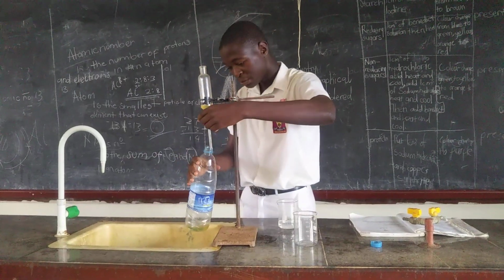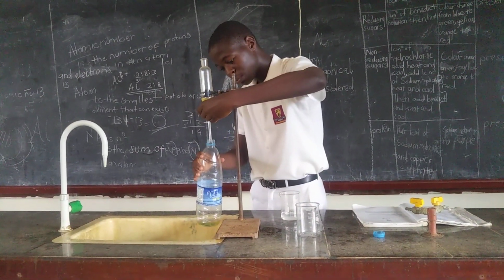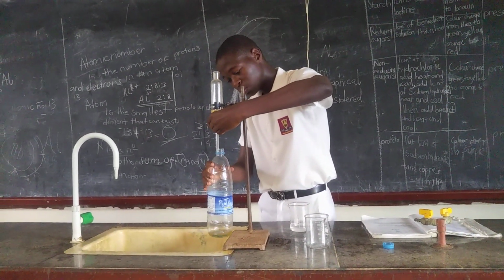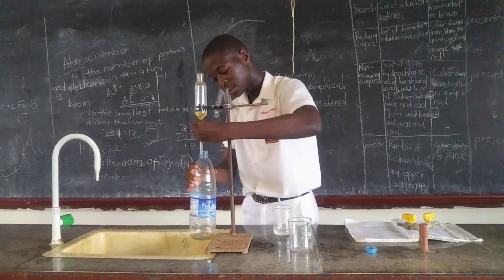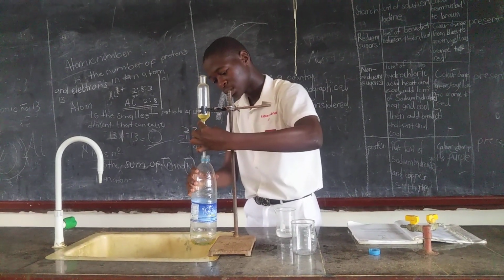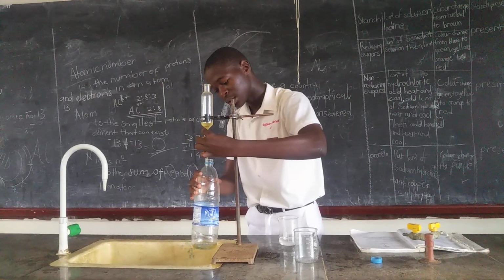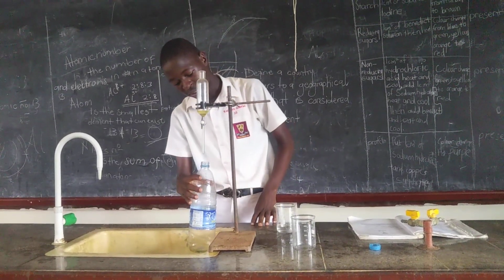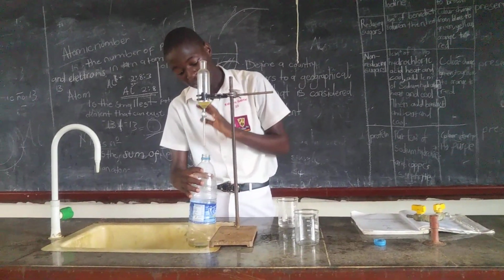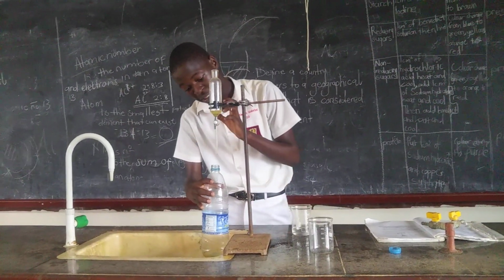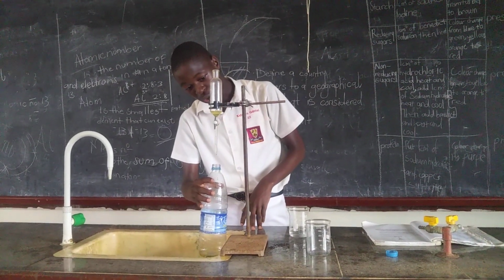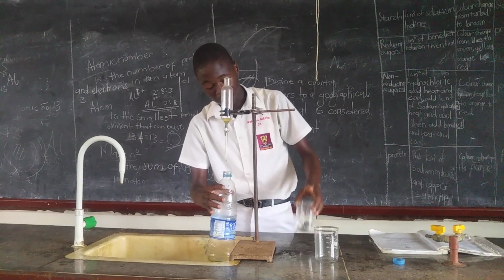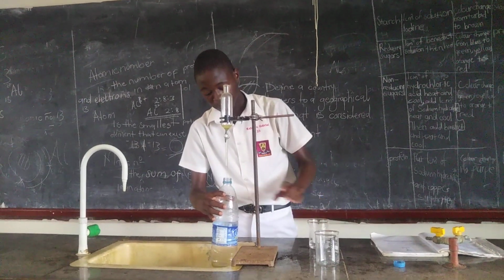When you are doing this, you have to be careful and gentle. As you see, I'm now removing my plain cooking oil. There is no water contained in my cooking oil, as I have shown you with the explanation we have just done here.